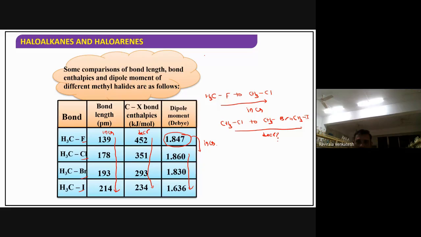CH3Cl, then CF, then CBr, then CI. This is the order of dipole moment. So in examination, you may get this type of question: which of the following is the correct option? C-Cl is having more dipole moment than C-F and C-Br, as follows.